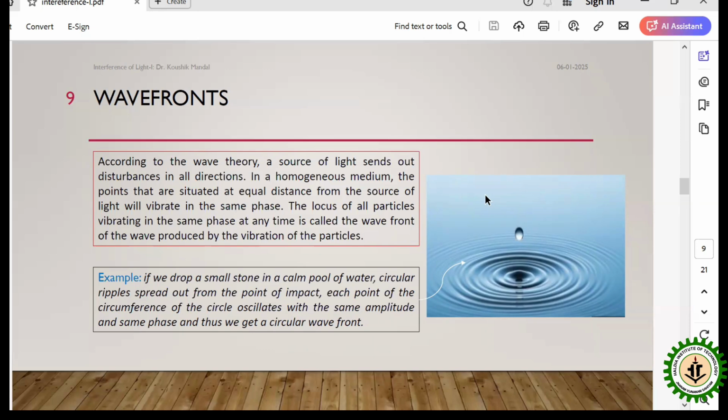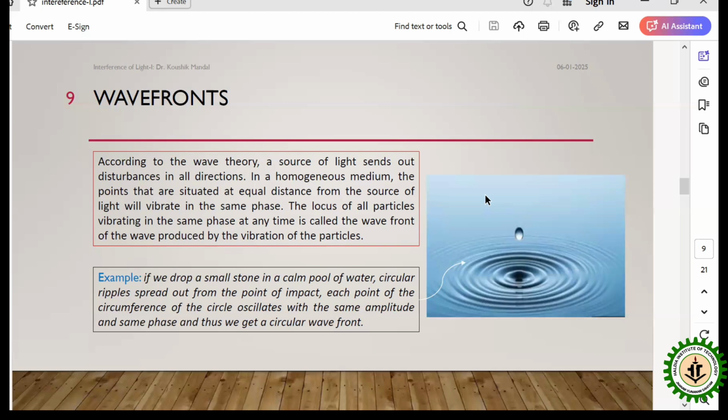Okay, and the locus of all the particles vibrating in the same phase at any time is called the wavefront of the wave produced by the vibration of the particles. For example, you throw one stone on the calm pond water.